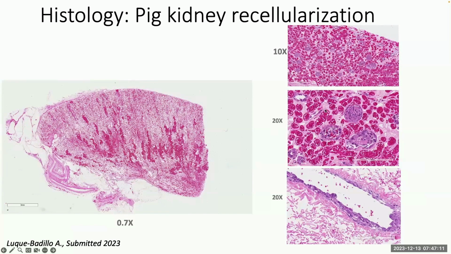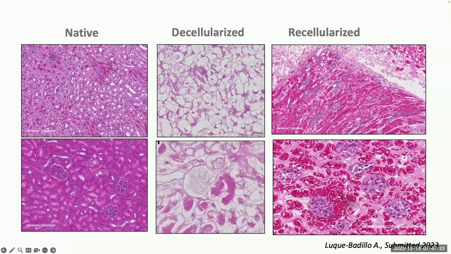But we start seeing this component, see? If you take a close look, you start seeing these round structures here. We also see that where there was a vessel, there were cells around the vessel, right? And this is another one comparing native, decellularized, and recellularized, and how it looks.